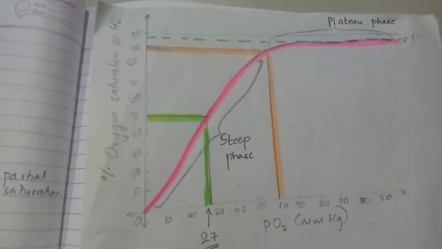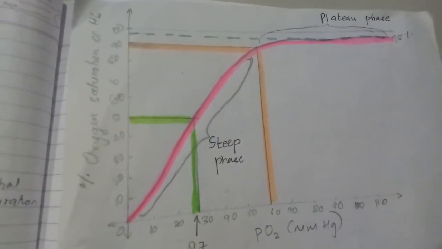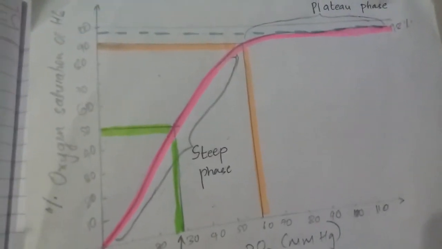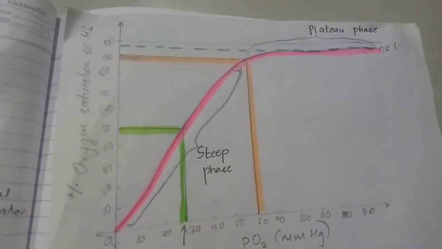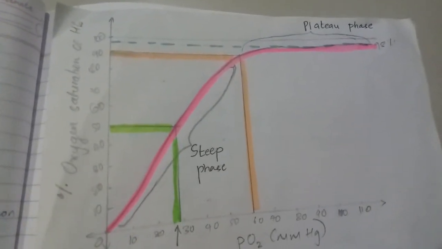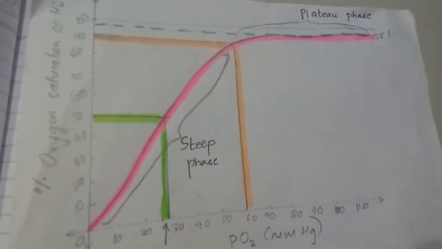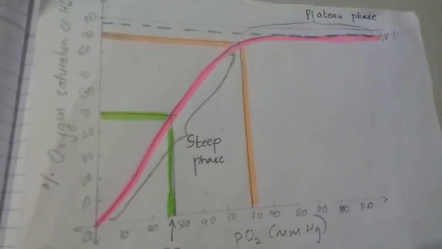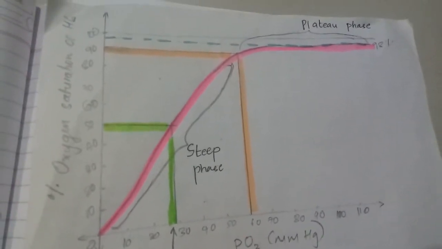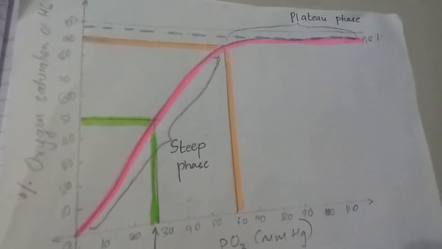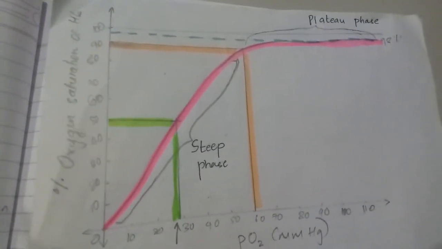The cooperative binding of hemoglobin and oxygen is that if one oxygen binds with hemoglobin, it will help, it will increase the affinity of hemoglobin for oxygen. I hope I'm making sense. So if one oxygen has bound to hemoglobin, then it will increase the affinity of hemoglobin to oxygen. So it will help in the binding of other oxygen molecules, and that's why the shape is sigmoid.